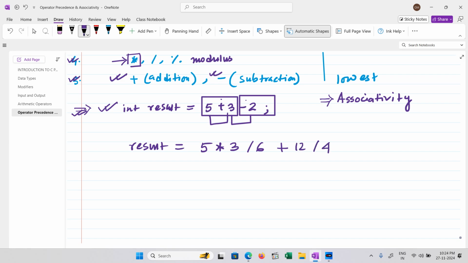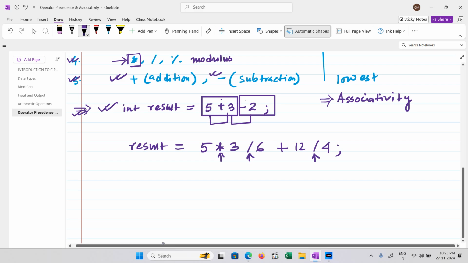Here in this expression you can see this one and this one are equal in precedence. So the compiler cannot solve this expression by only considering the operator precedence rule or this table. In such a case, associativity will be applicable.